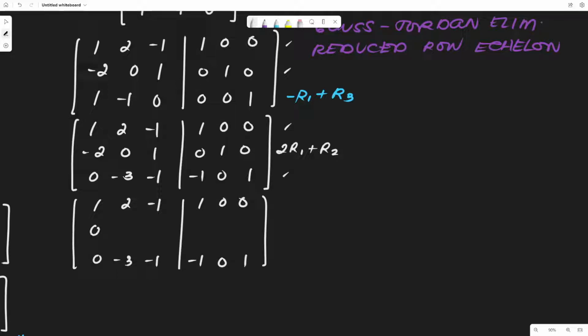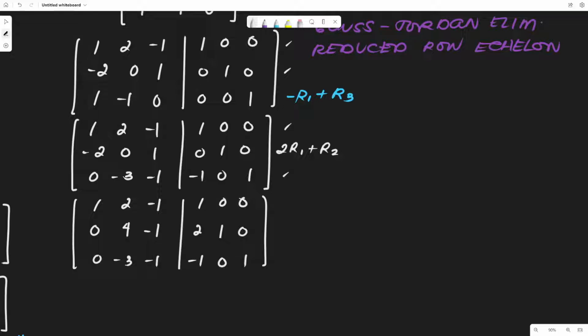Then this will become 0, because 2 times 1 is 2 minus 2 is 0. 2 times 2 is 4 plus 0 is 4. 2 times negative 1 is negative 2 plus 1 is negative 1. Then we have 2 plus 0 is 2. 0 plus 1 is 1. 0 plus 0 is 0. Next, the negative 3.